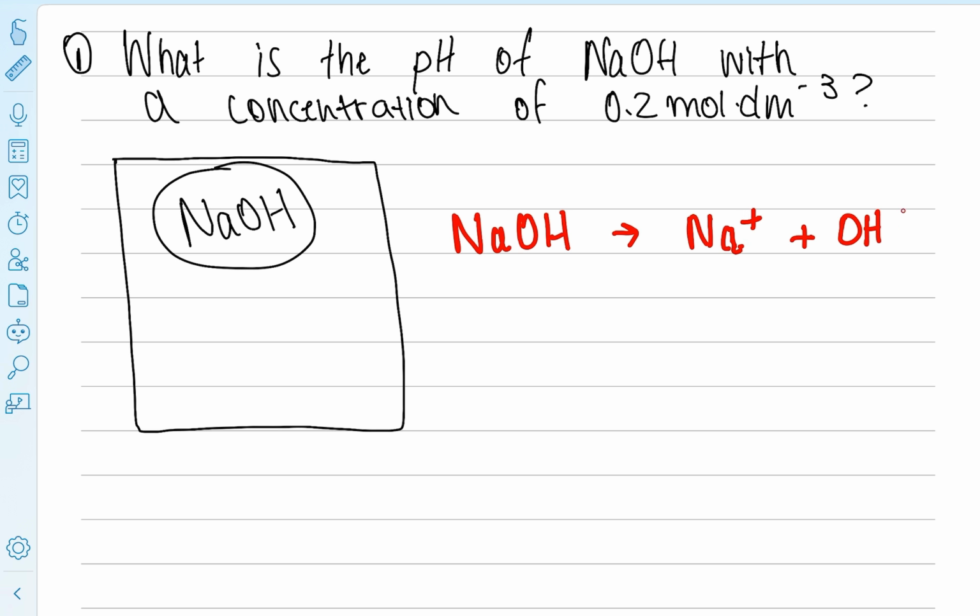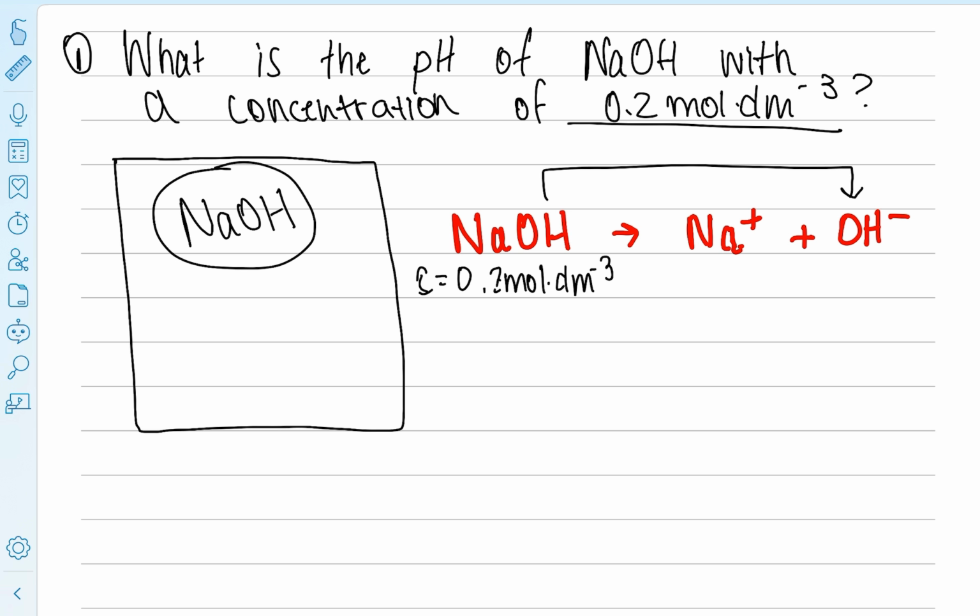Cool. Now, we're used to saying, okay, cool, we've got a concentration of our base, which is 0.2 moles per cubic decimeters, and what we need is to do a concentration ratio. But if you're doing a concentration ratio here, you will be doing a concentration ratio for sodium hydroxide to hydroxide ions, because that is what your base dissociates into.